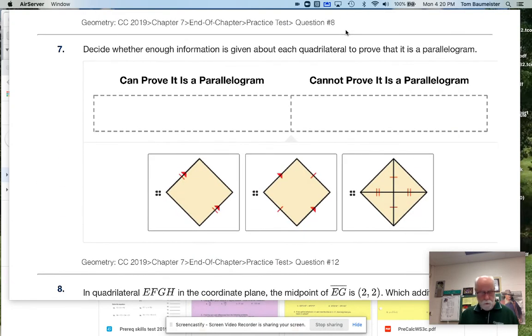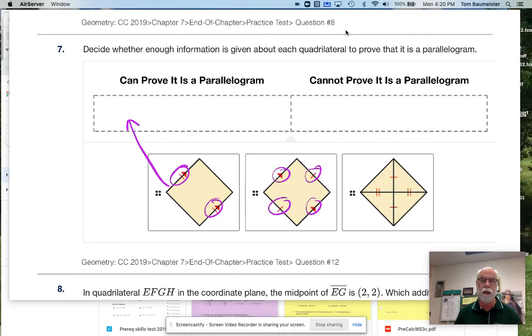On these ones here, it'd be a nice time to use that list of stuff I gave you. We know if the sides are congruent and parallel, we know that we can prove it is a parallelogram. On these ones here, they're parallel, and these ones are congruent.